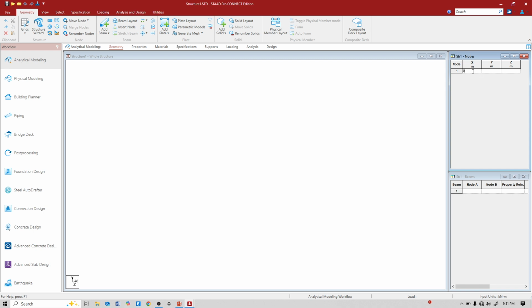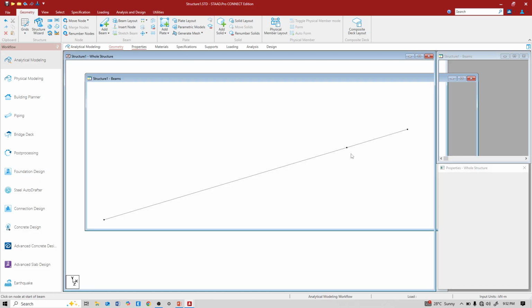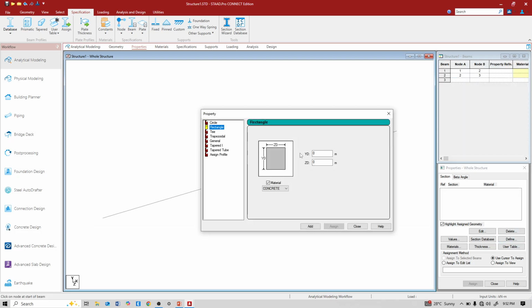So here 0, 4 and 5. Now let's connect. Assign some property for errorless analysis.